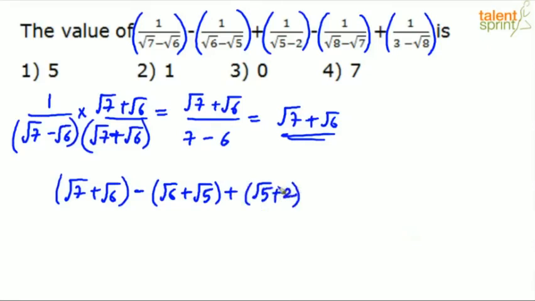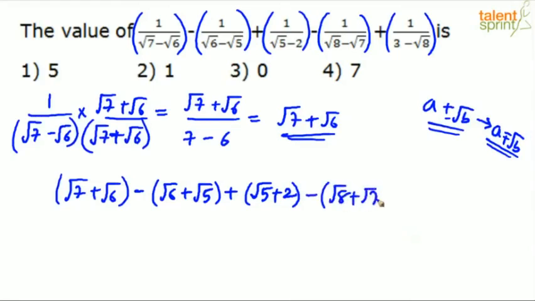Basically, the conjugate surd has to be taken, right? For a plus or minus root b, the conjugate surd is a minus or plus root b. So that has to be done there. Minus of root 8 plus root 7 and plus 3 plus root 8. Simplify this.